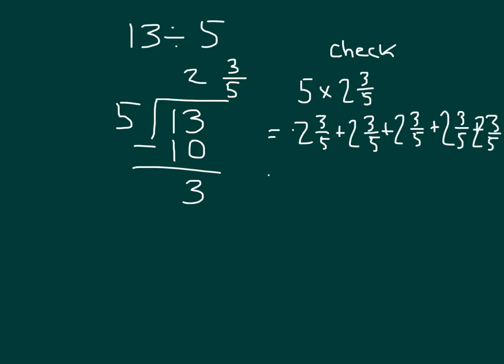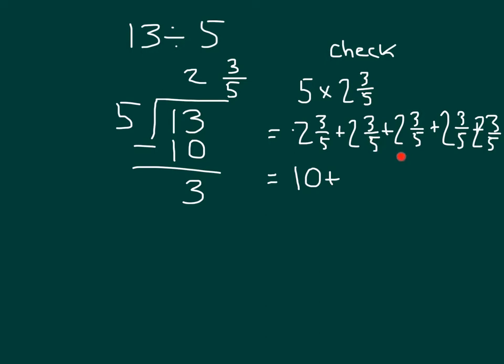If I regroup all of those whole numbers, that's 2 plus 2, 4, plus another 2 is 6, plus another 2 is 8, plus another 2 is 10, plus all of the 3/5.